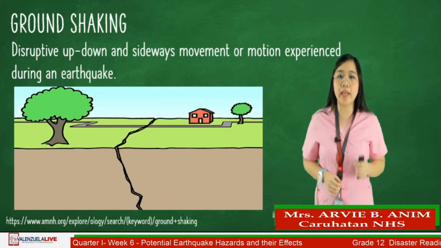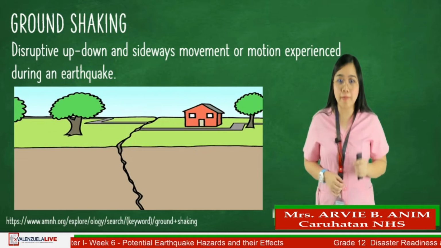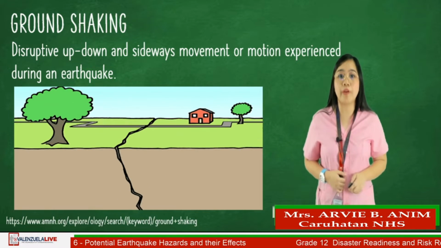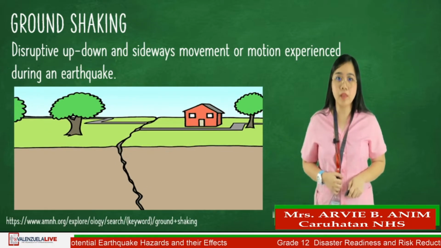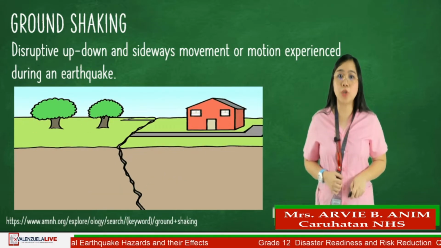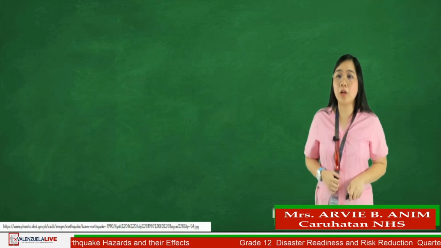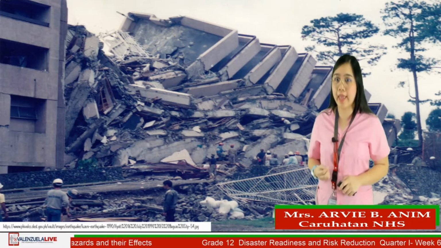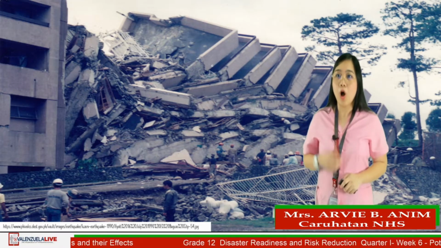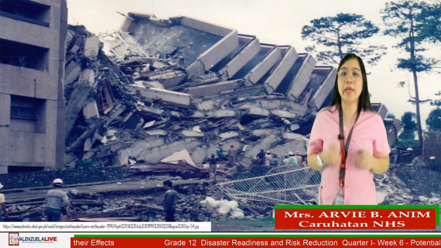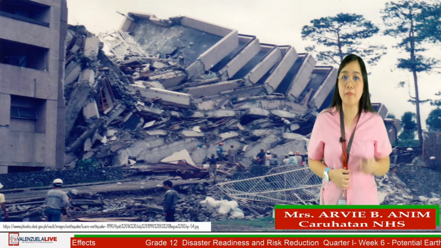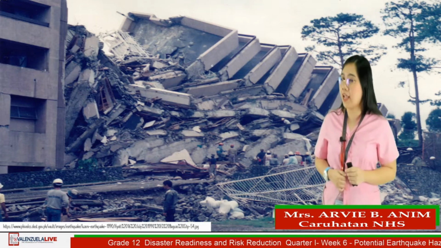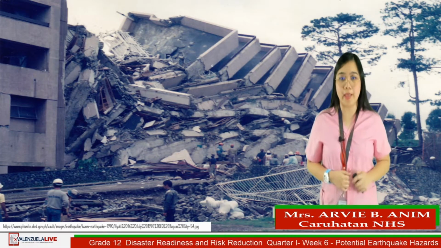Strong ground shaking can also result in minor damage to buildings and, worse, cause collapse of structures. The damaged or collapsed structure may consequently cause hazards such as liquefaction and landslide. In this image, you can see Hyatt Terraces Hotel in Baguio City collapsed during the July 16, 1990 Luzon earthquake.